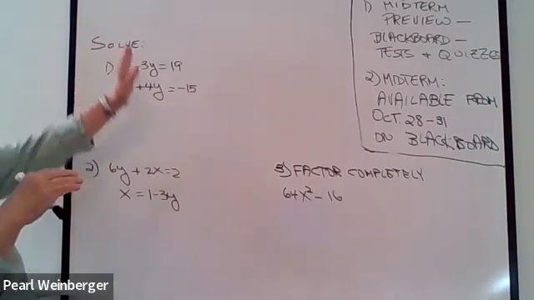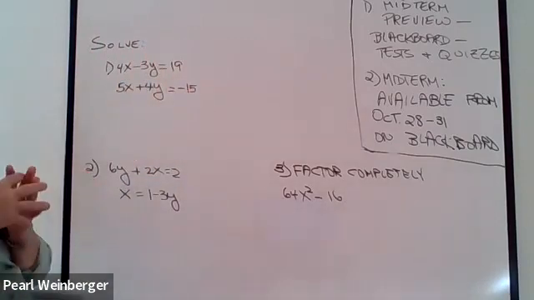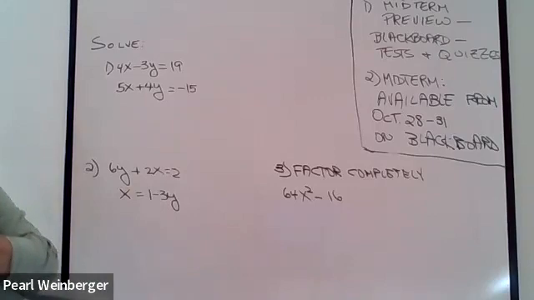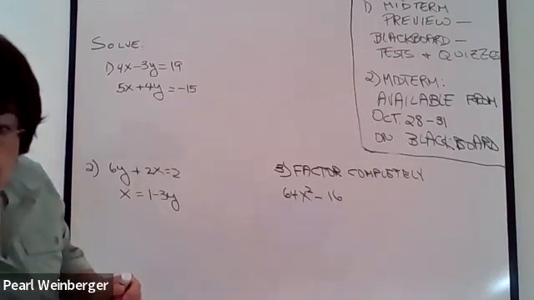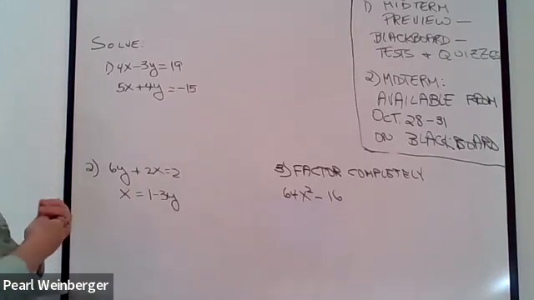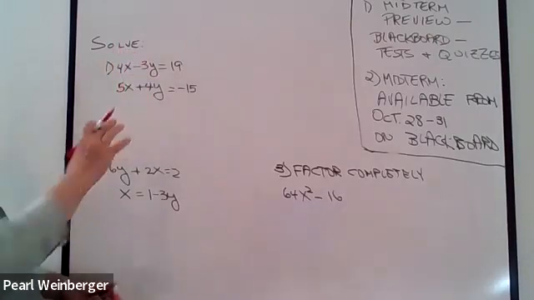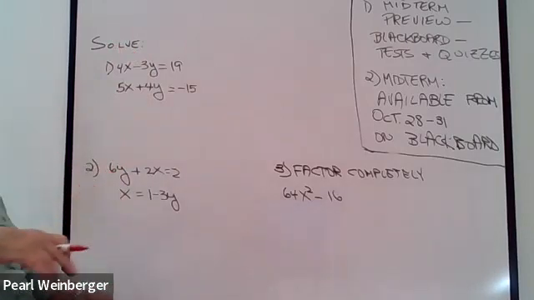When we have the x's, the y's, the equal signs, and the numbers all lined up, that is usually a good setup for what we call the elimination or addition method. And what we're going to do is decide, let's get rid of either the x's or the y's. Anybody have any suggestions? Should we get rid of the x's or should we get rid of the y's?